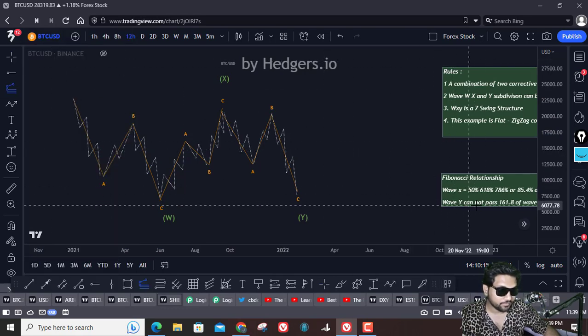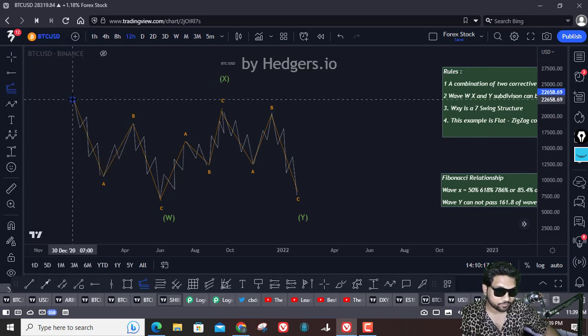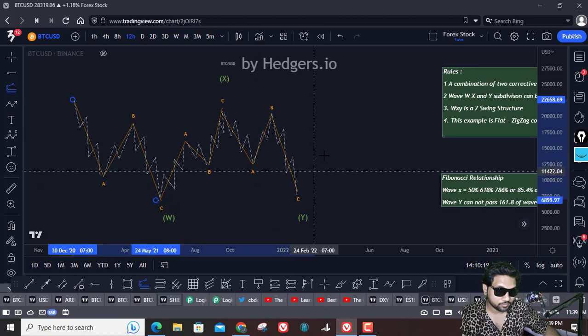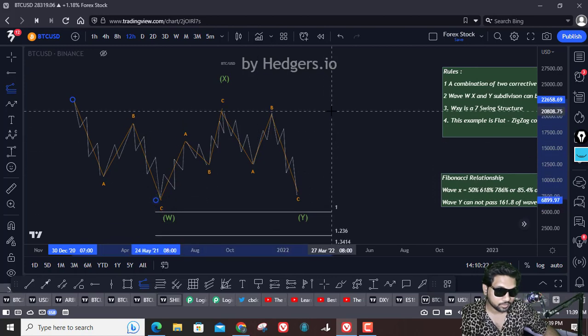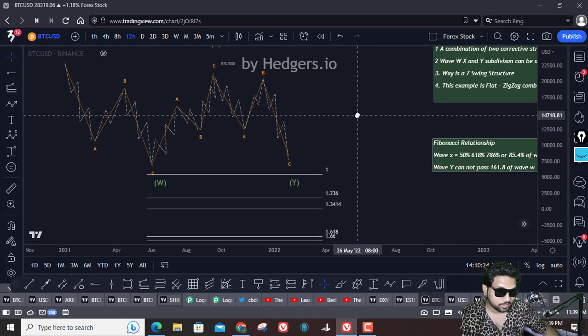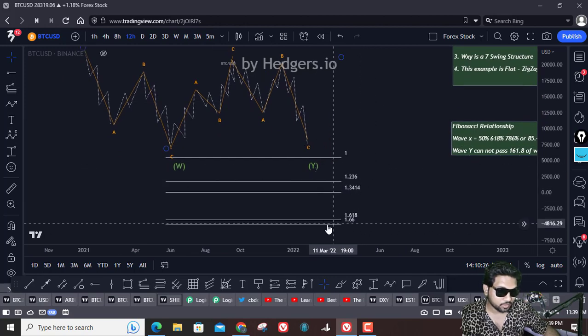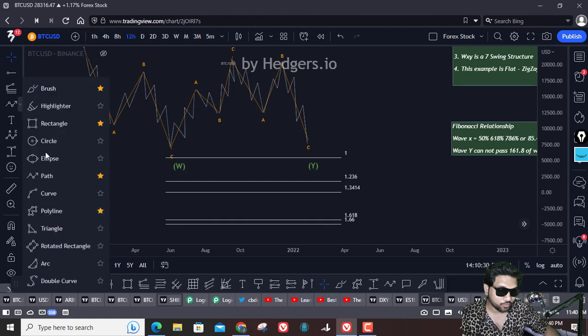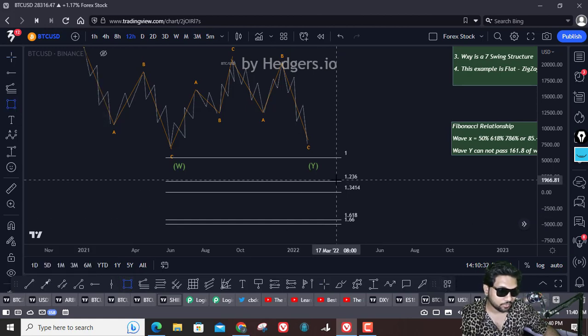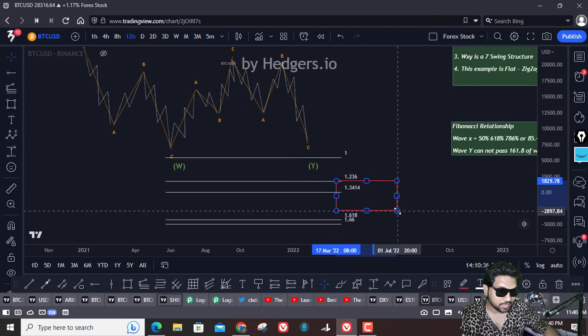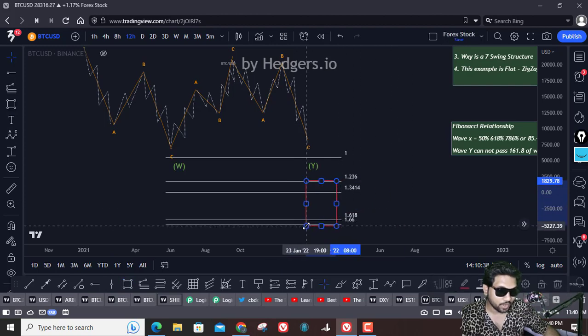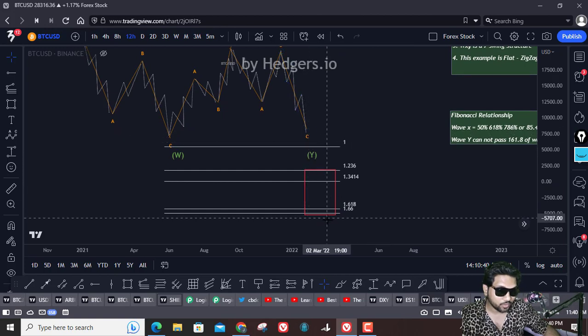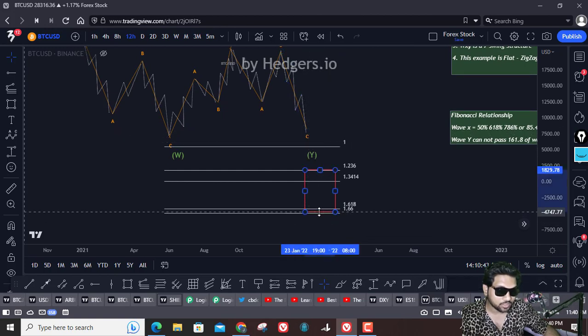After that, for the wave Y, the last point of interest should be from 1.236 towards 1.618. That is the last point for the wave Y. Wave Y should not be overextended beyond 1.618.